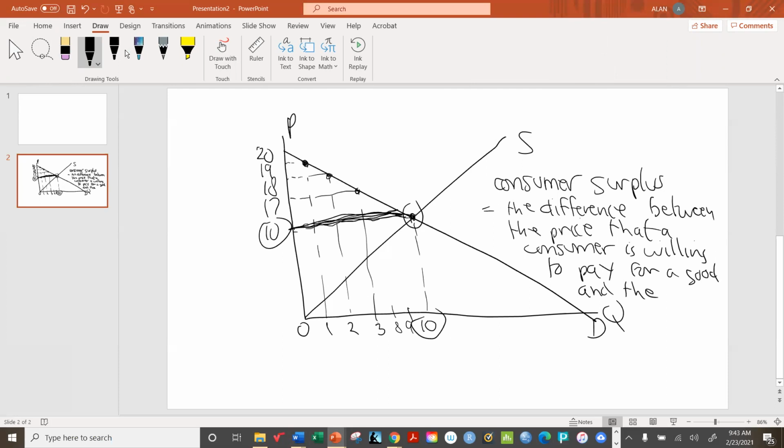There's the difference between the two, the difference between what you were willing to pay for it and the actual market price that you pay for it.